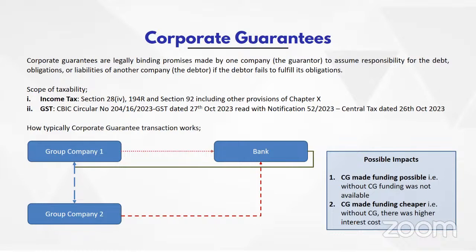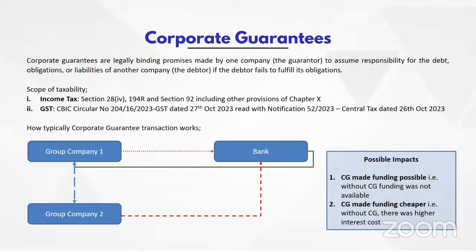There is a clear-cut saving of 3% in the hands of company one. This 3% is indeed a benefit to company one. And now the corporate guarantee given by company two to the bank is valuable and the valuation needs to be done. The point I want to bring home is that not in every case do you need to value. Not in every case will one give a valuation to the guarantee given, because in some cases it could be a shareholder activity.